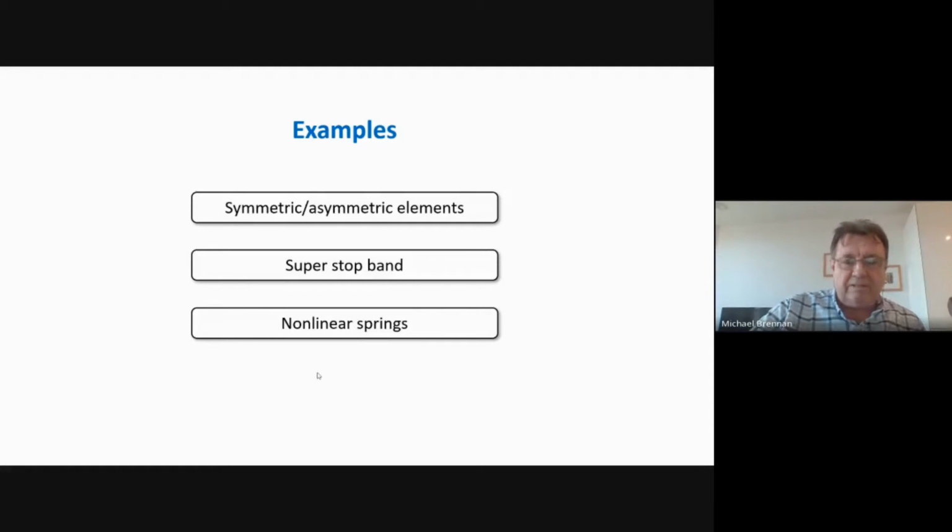This is some very recent work that he's been doing. And then finally, Paulo will talk about some work where we use nonlinear springs to see what effect that nonlinearity can bring to some of the things that I've been talking about. So let me now hand over to Gian, who's going to talk about symmetric and asymmetric elements.